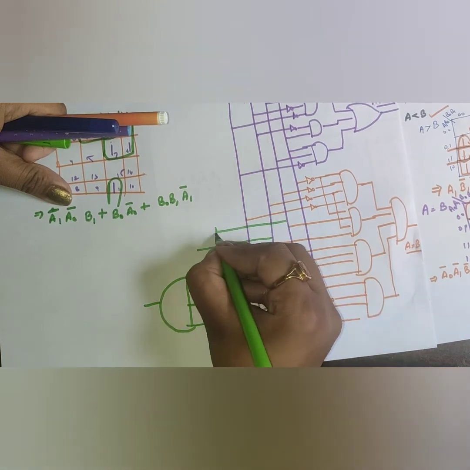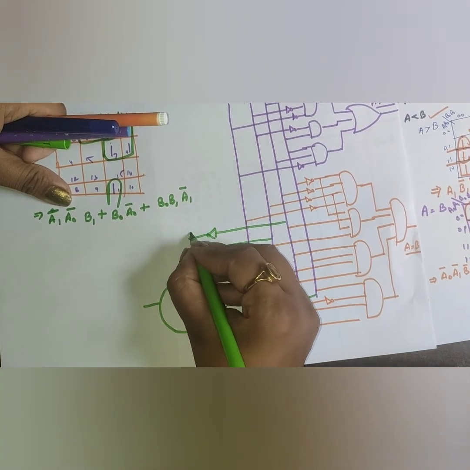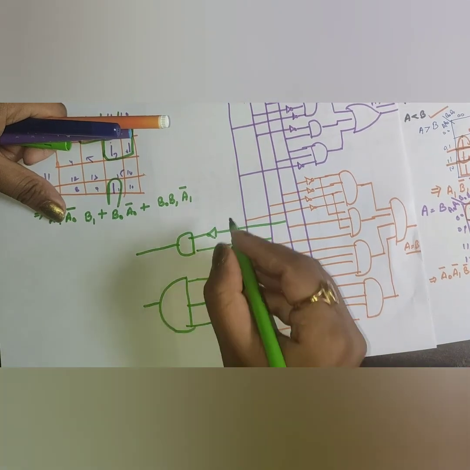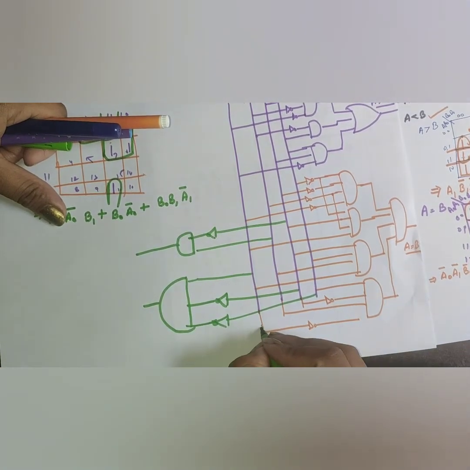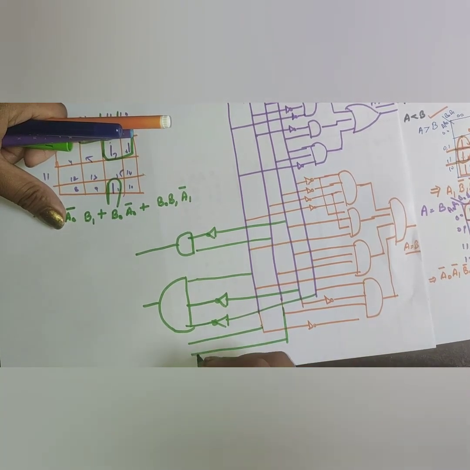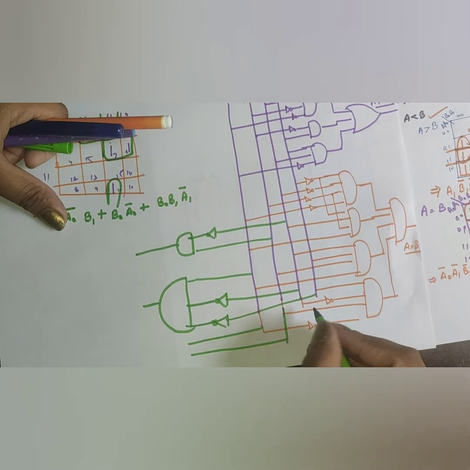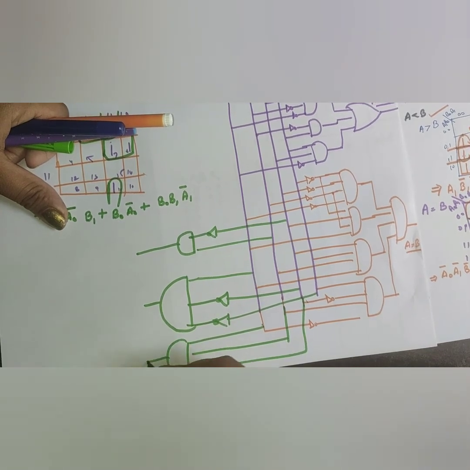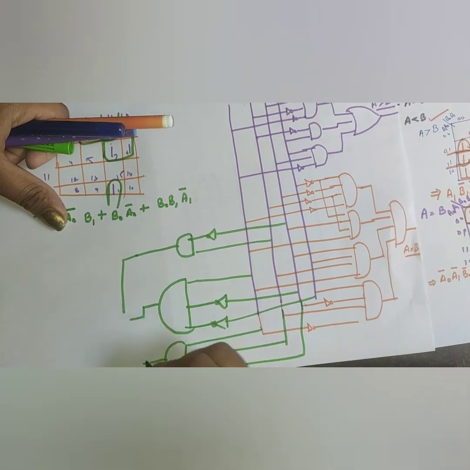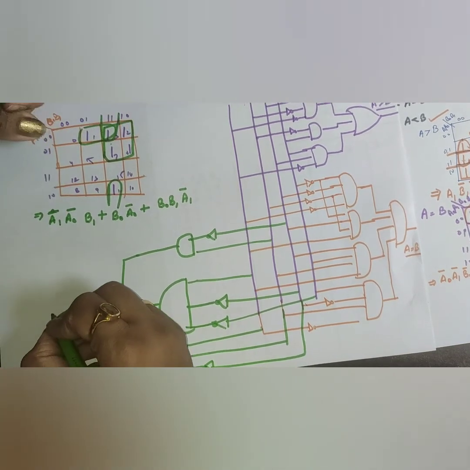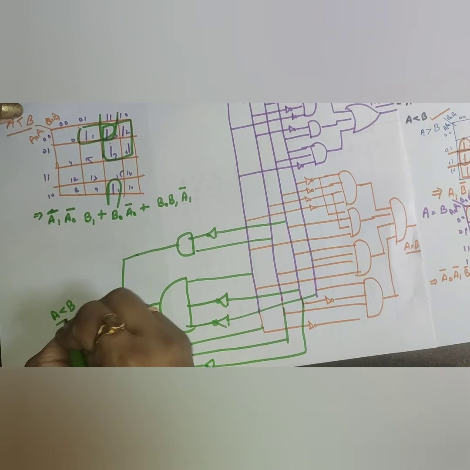So A1 is here, going to the bar and AND gate. Now the last is B1, B0, A bar. There is no space, so I think it is a line of A bar. So we are taking this and A bar. So this is going through the OR gate. So this is the condition of A less than B.